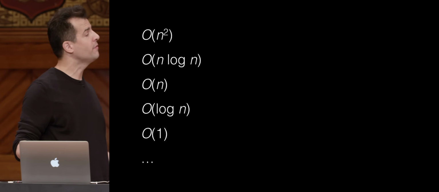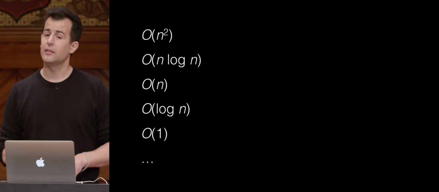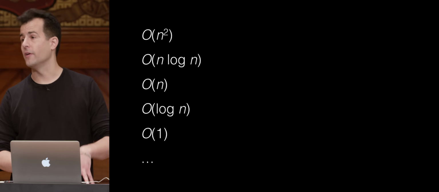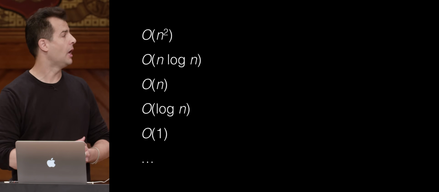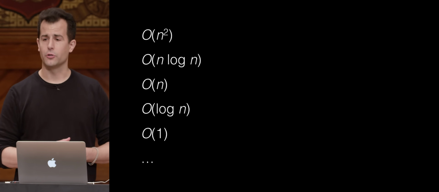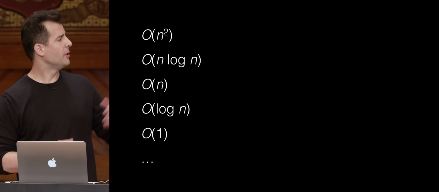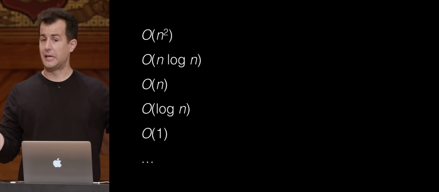So big O itself is a formal notation, and we'll see it in a number of different contexts. Depending on the algorithms we talk about in class, we might say that the running time of an algorithm is on the order of n squared, which is pretty bad, pretty slow. 500 billion sounds like a lot. Well, maybe it's a little better, on the order of n times log n, and more on that some other time later. But on the order of n is pretty good. If there's n elements, it only takes you roughly n steps.